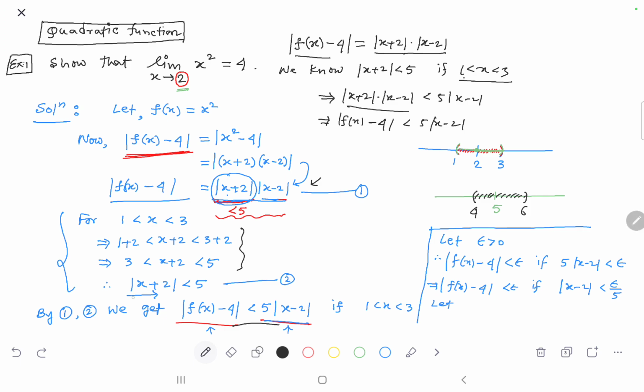No, no. We know x plus 2 is less than 5, right? We have this. If we multiply both sides by a positive number, then the inequality will not change, right? Is it okay?